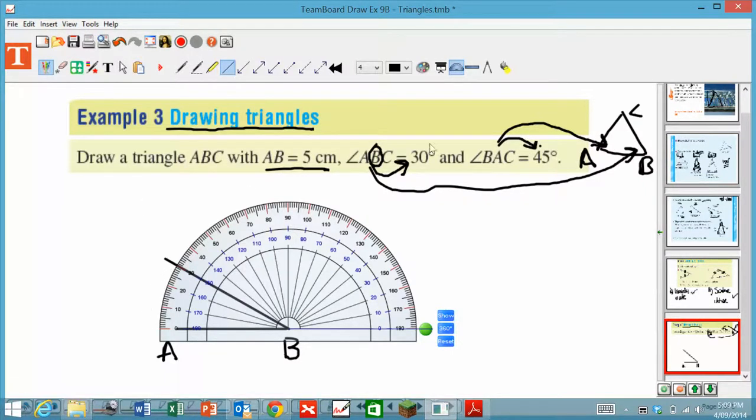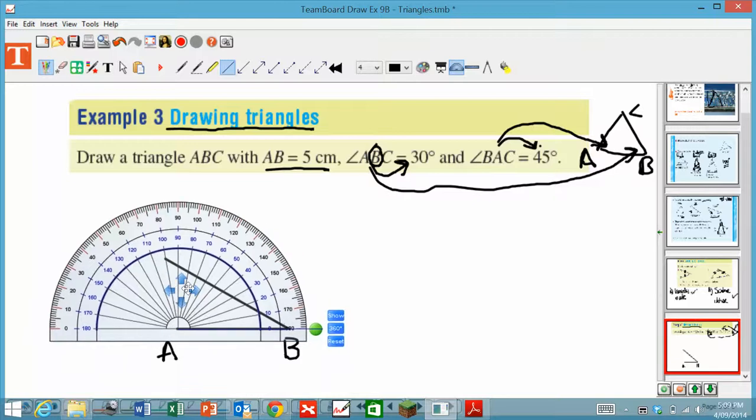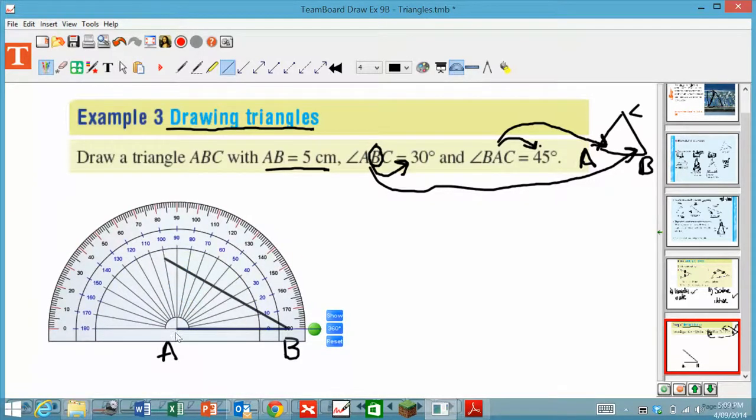So 30 degrees there. And my angle at BAC, so A, has got to be 45 degrees. I'm going to put that there, making sure the center of my protractor is right at the end of that line. Let's try again.